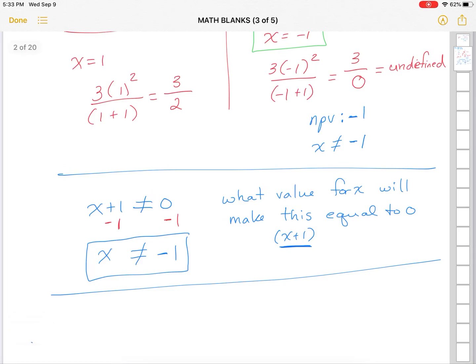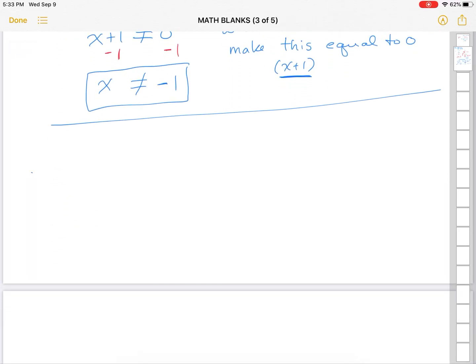Now, when we have a monomial on the bottom, if I had just 2 over x, that's really straightforward because it's just the x on the bottom, the only thing there.